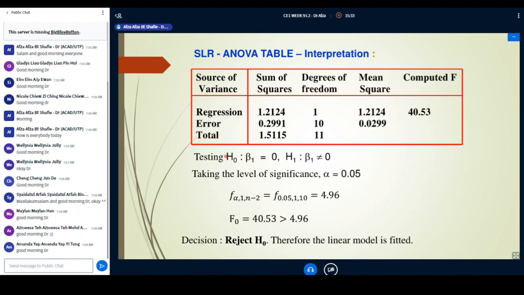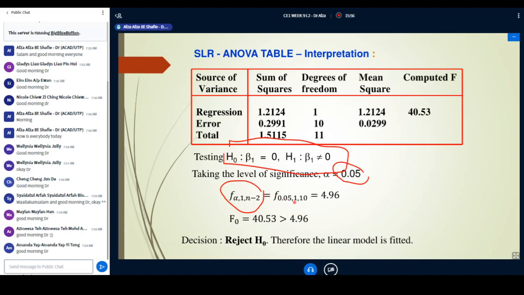Always put what your H naught is. Now for this one I just take a level, I assume this to be equal to 0.05 for the lecture. Then I need to read this from the table. Remember this is ANOVA, so you don't divide that by 2.